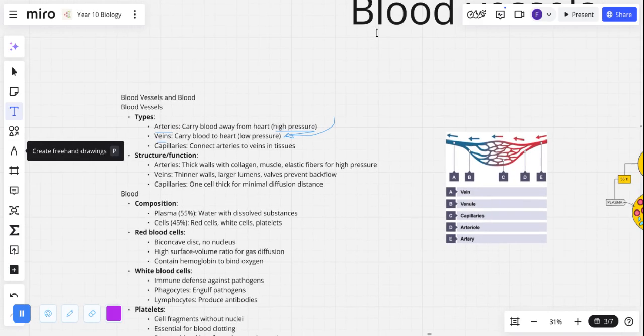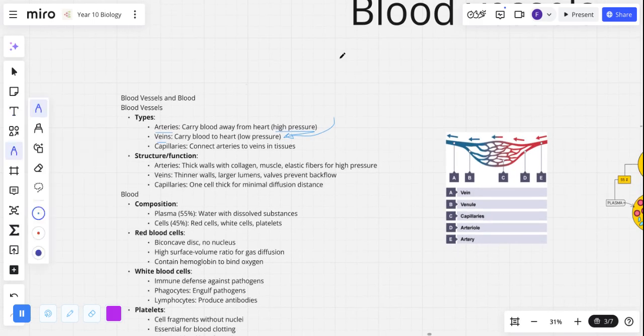I'm going to do a really interesting diagram. I'm going to do a box for the heart. You've got your left and right hand side of your heart. This is your right ventricle, and it pumps blood to your body. High pressure goes out of an artery. Your right ventricle pumps it to your lungs.